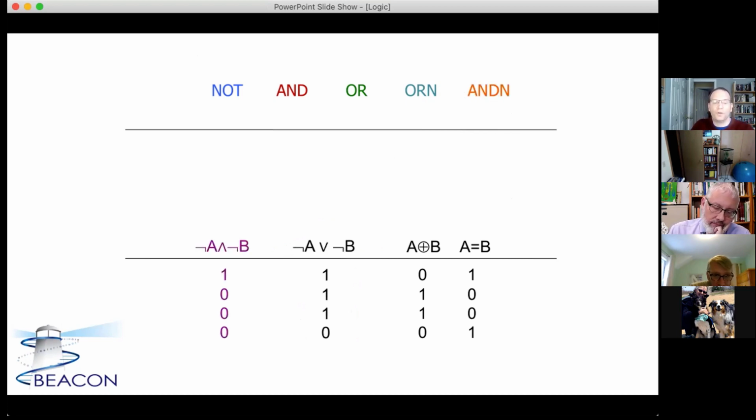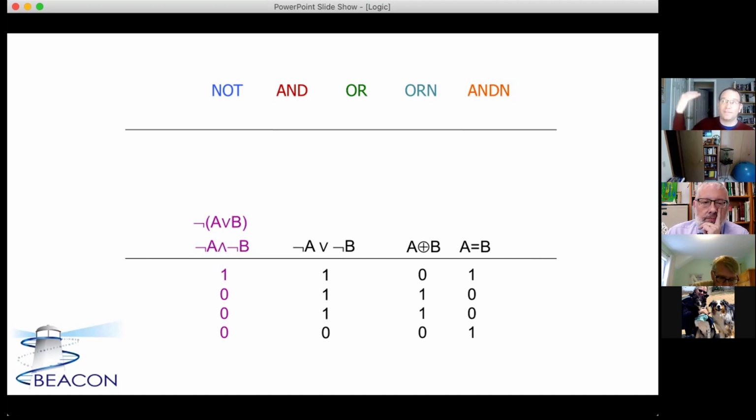So this purple one, we've got not A and not B. Now the way that not is distributed, this is actually exactly equivalent to not A or B. So if we took A or B earlier, if you remember, that was if it's A or it's B, we would have had one particular set of responses.